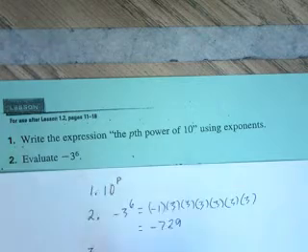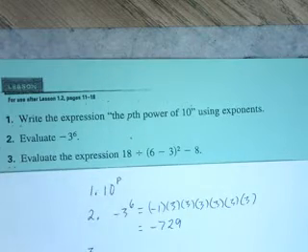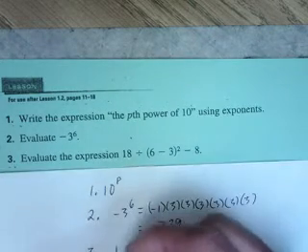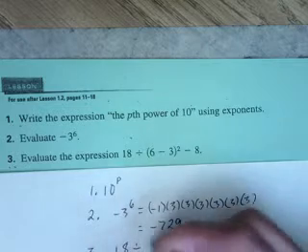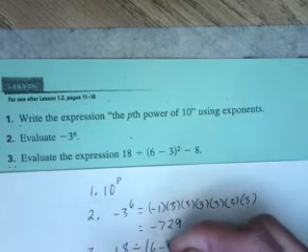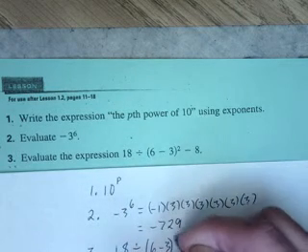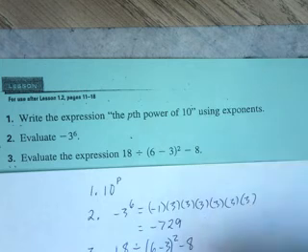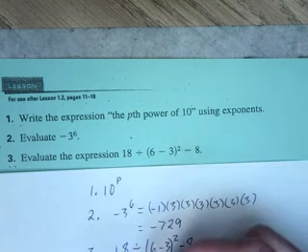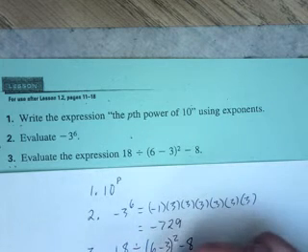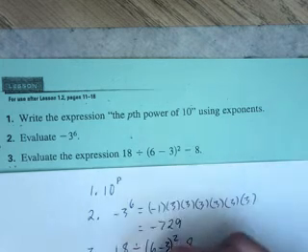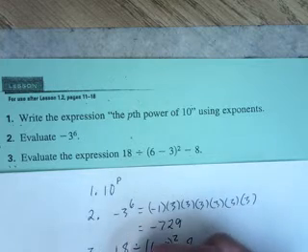Number 3, evaluate the expression. You have 18 divided by parentheses 6 minus 3 close parentheses squared minus 8. Order of operations asks us to do what's inside the parentheses first, so that becomes 3 squared, and then you copy everything else around it.